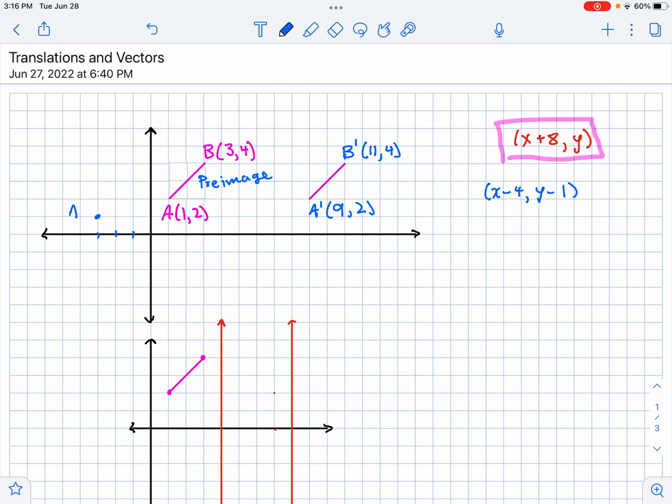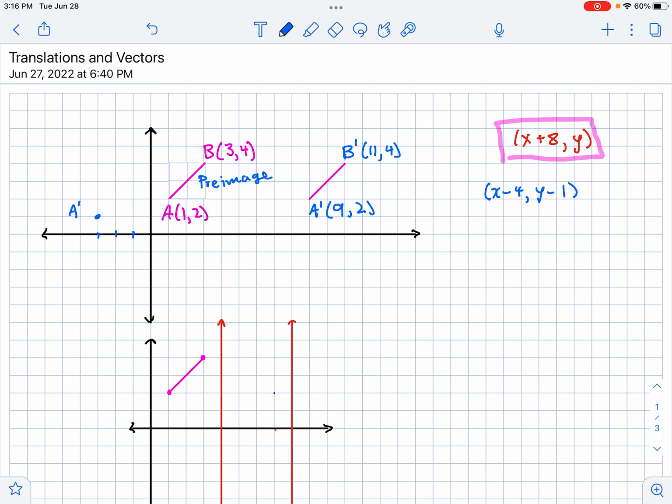This is our A prime. Now we're going to subtract 1 from the 2. We did that. Now we're going to do the same thing for B. Notice I'm going to take away 4 from it, and I get negative 1.